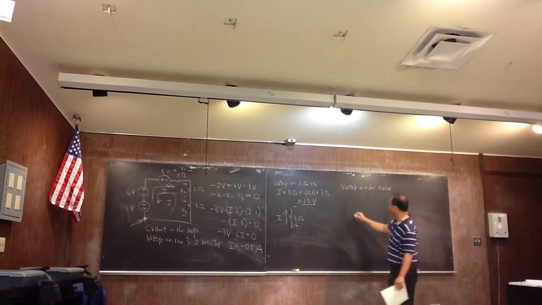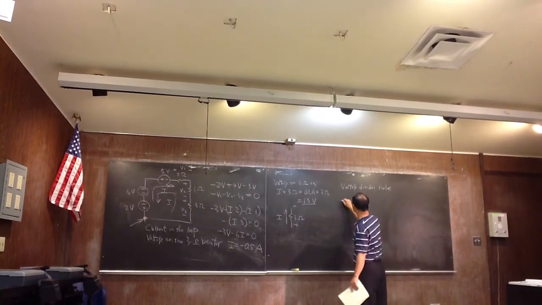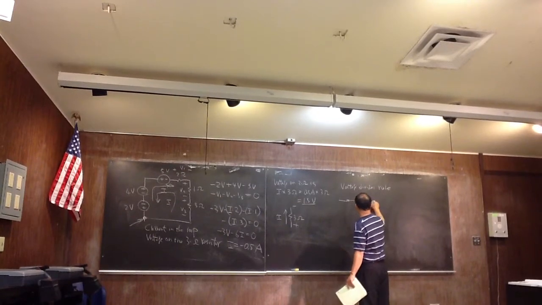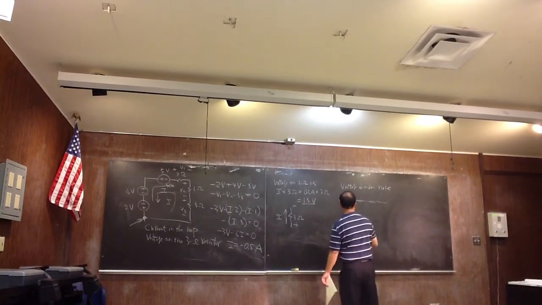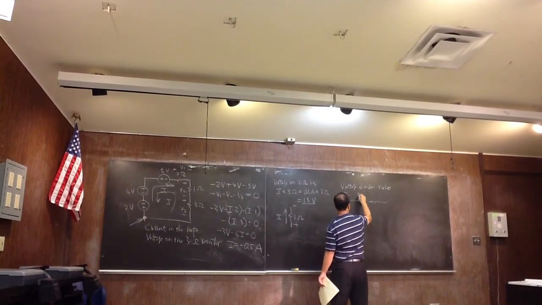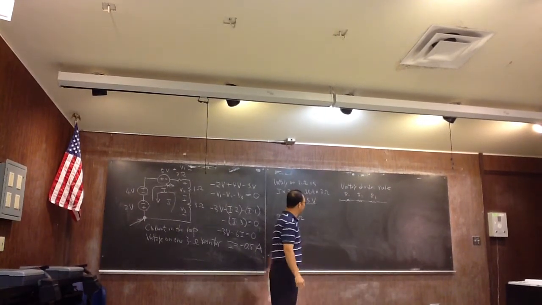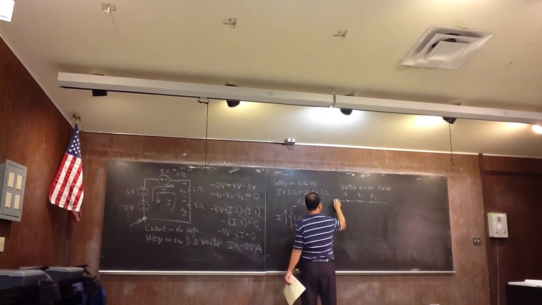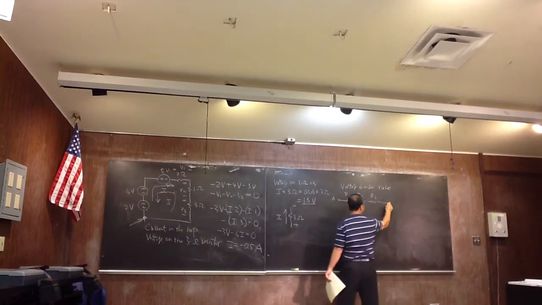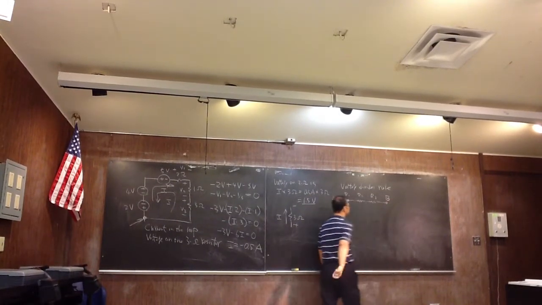So basically, if we have several resistors in series, let's say this is R1, this is R2, this is R3. And this is terminal A, this is terminal B.